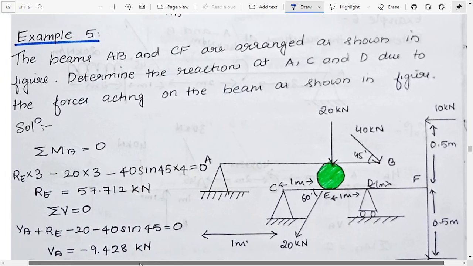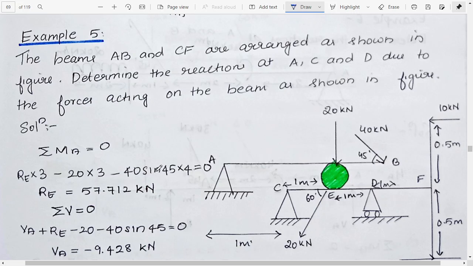Let us move to the next question. A beam AB, the beams AB and CF are arranged as shown in figure. We need to determine the reactions at A, C and D due to the forces acting on the beam shown in figure.